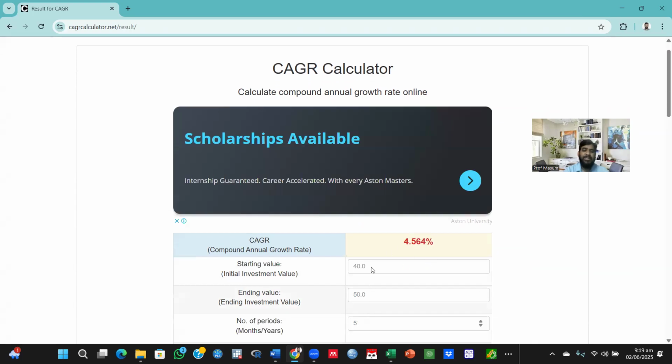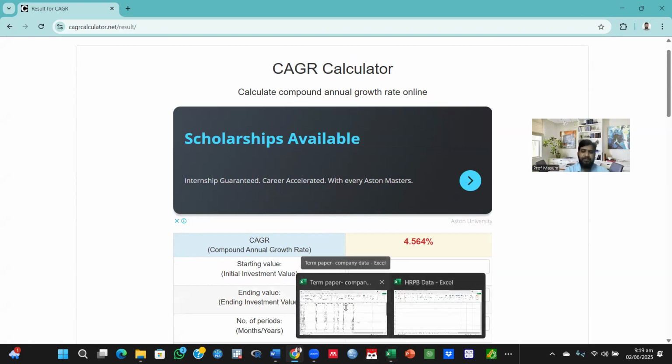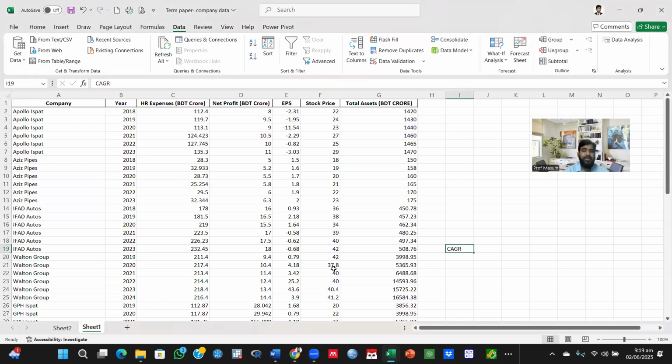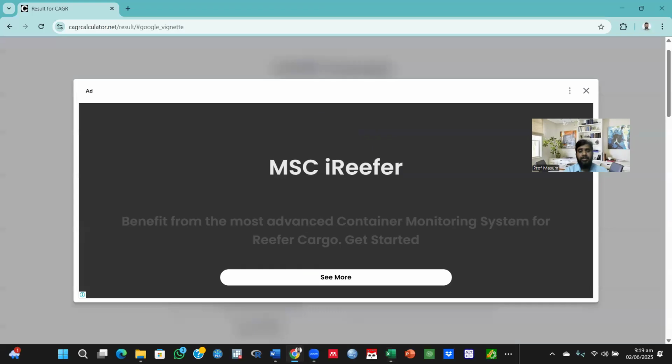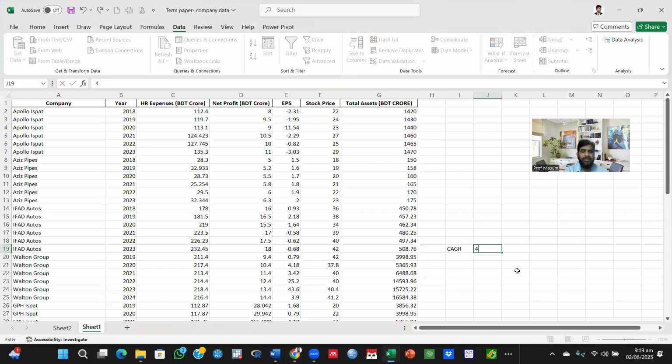So when the missing value will be added, 4.56 is the additional amount. If the previous figure here is 42, this time you can add 42 plus CAGR. Say for example, the CAGR is 4%.